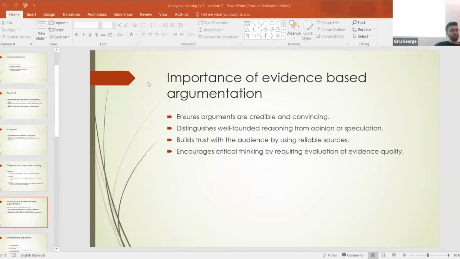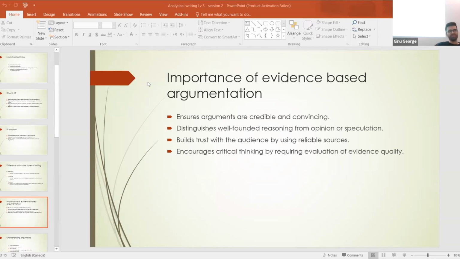Any takes? Why is this important? Why can't I just, when I write a book, when I write a paper, make some claims and that's it? Again, why is it important that I should give you evidence?